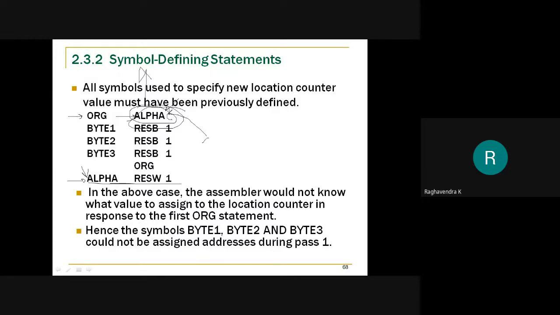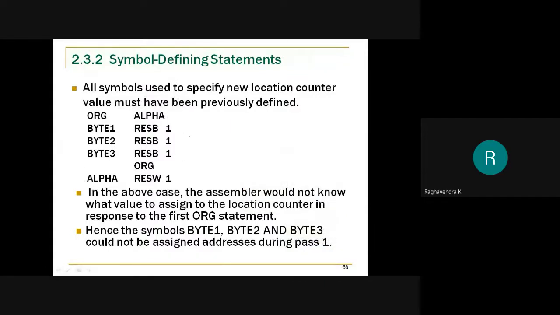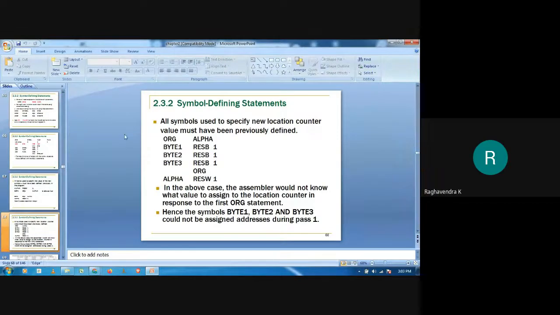In this case, it would raise an error, since we do not have any value to set the location counter. So whatever values you are trying to define or equate using ORG or EQU, ensure that they have been defined at the beginning. This is one of the cares you need to take when you are using the symbol defining statements.